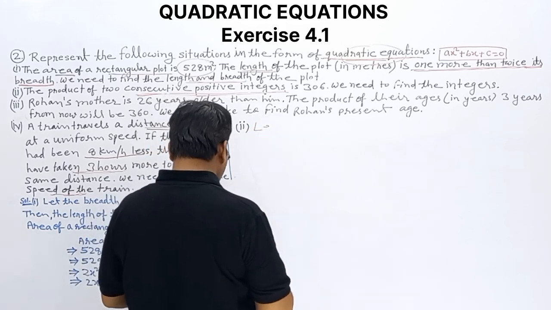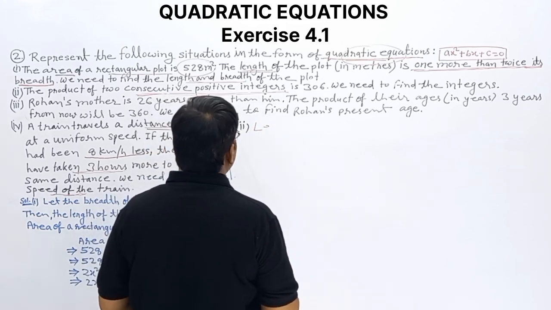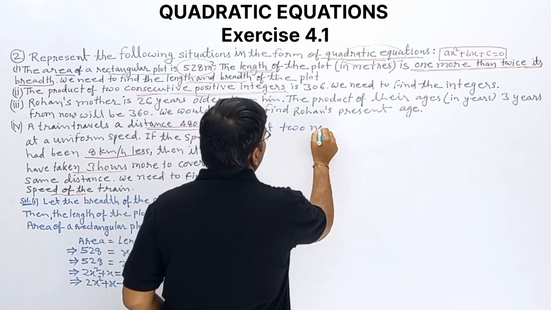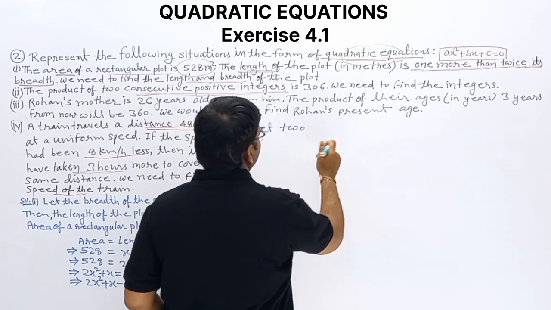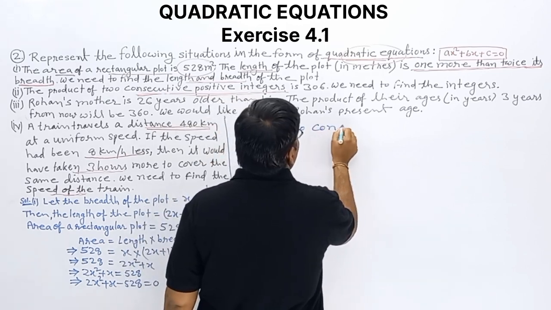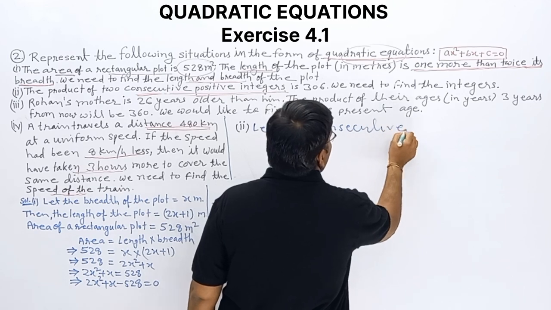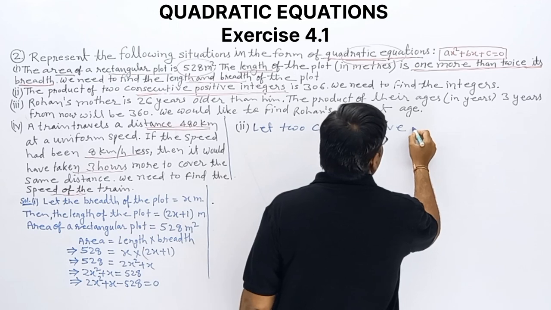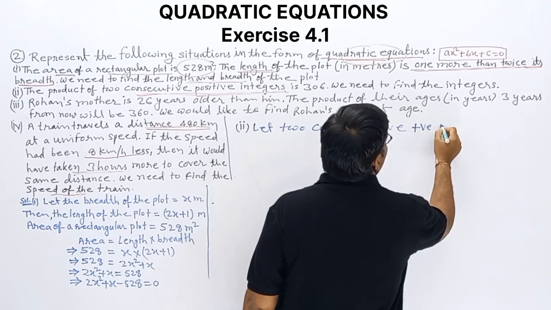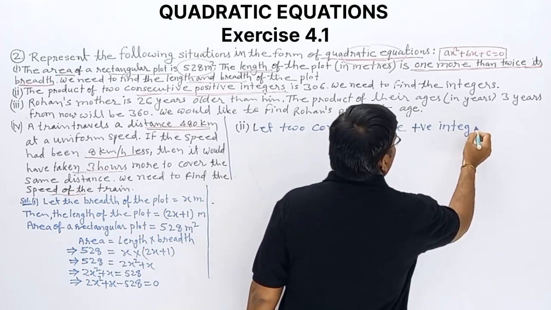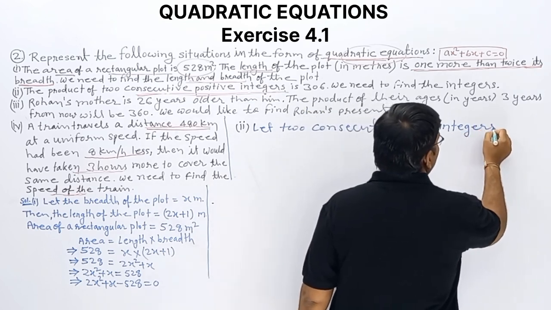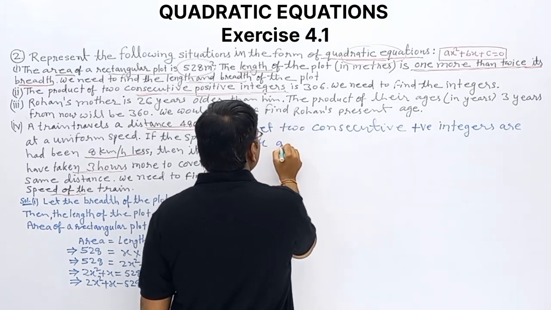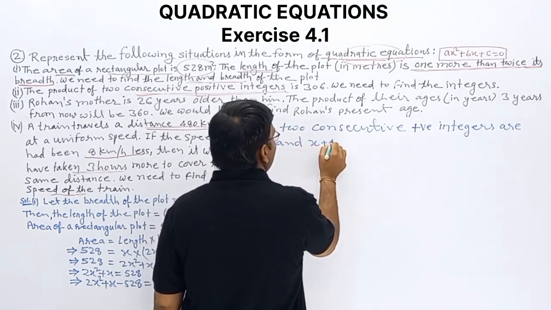Let us assume, observe carefully. Let 2 consecutive positive integers be x and x plus 1.